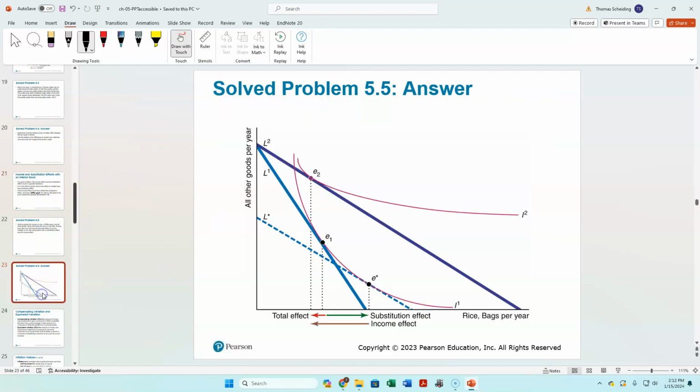So, for a Giffen good. Because we now know here that Perloff is one of those economists who loves his Giffen goods, wakes up in the morning looking for a good one. But these are situations where, again, let's start at E1.